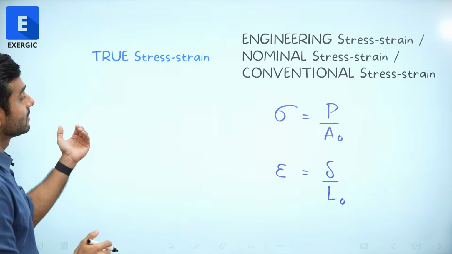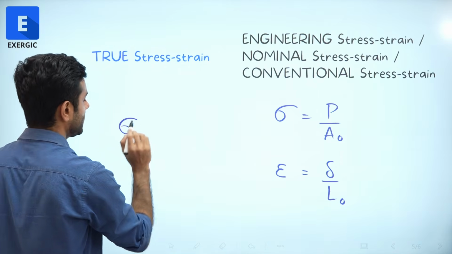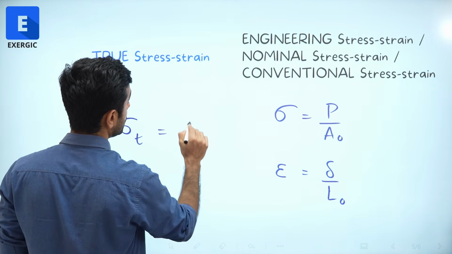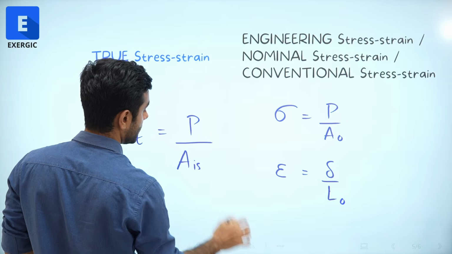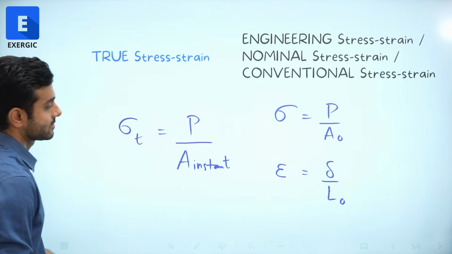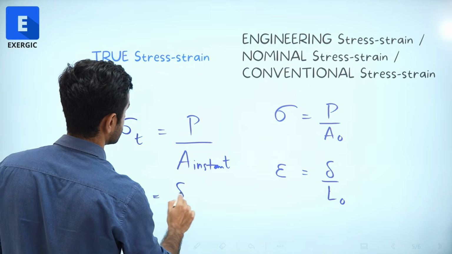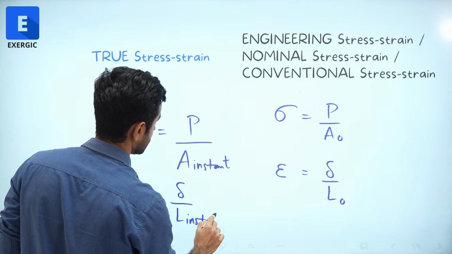On the other hand, the true stress and strain: sigma T, where we write T to represent true, is equal to P divided by the instantaneous area, or for strain it is this.